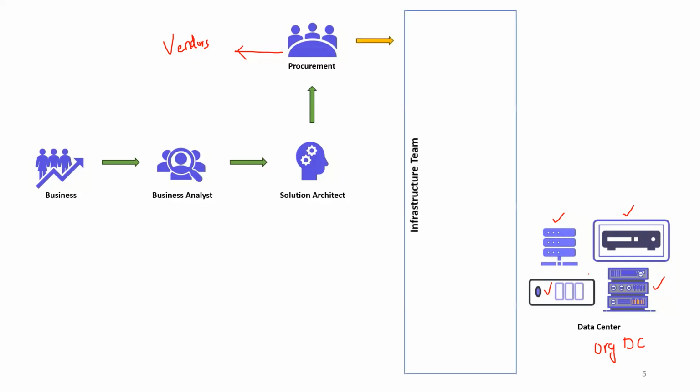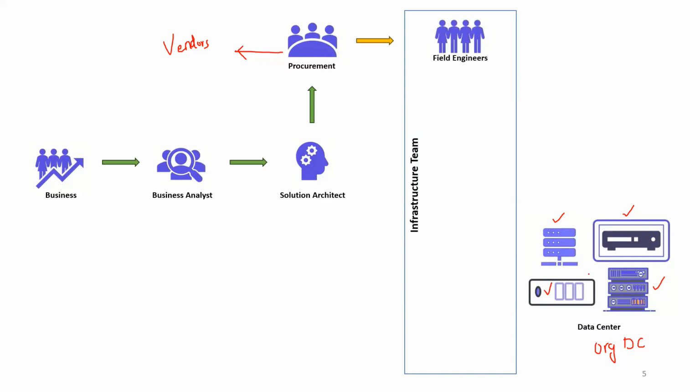Once the infrastructure as well as hardware is available in the data center, now the infrastructure team comes into the picture. Once the hardware is received at the data center, the field engineers come into the picture.